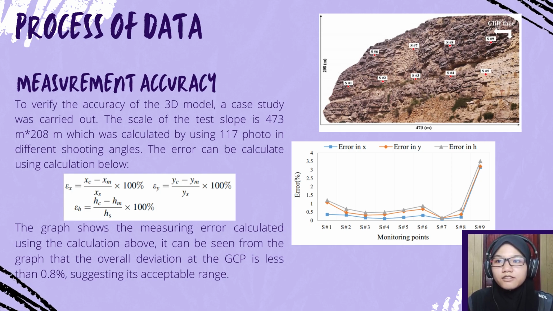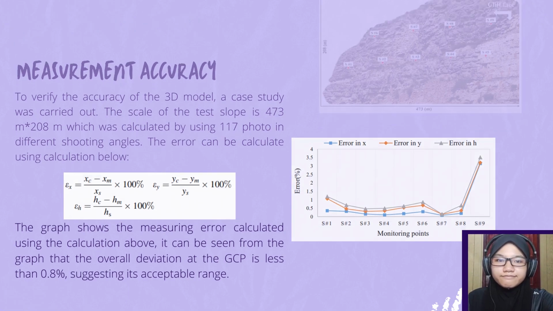The error can be calculated using the calculation below. Next, the graph shows the measuring error calculated using the calculation above. It can be seen from the graph that the overall deviation at the GCP is less than 0.8%, suggesting it is within an acceptable range.